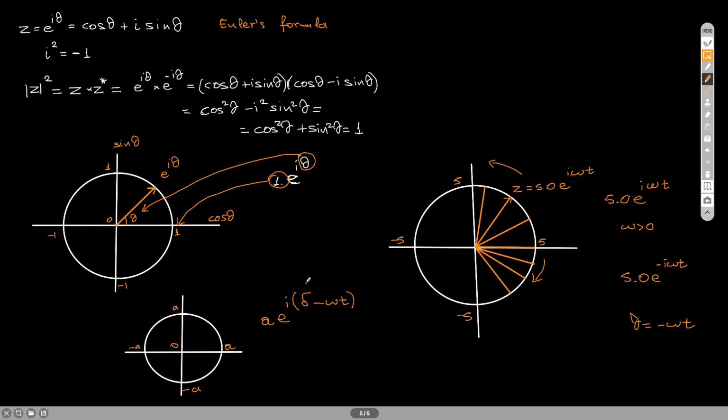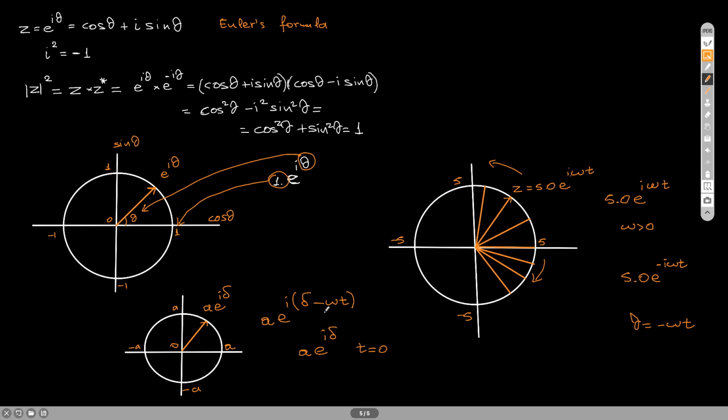Now, this is what determines the angle, and what I see here, at t equals 0, my complex number will be e to the i delta. So this is A times e to the i delta, and this is where my complex number is at t equals 0.